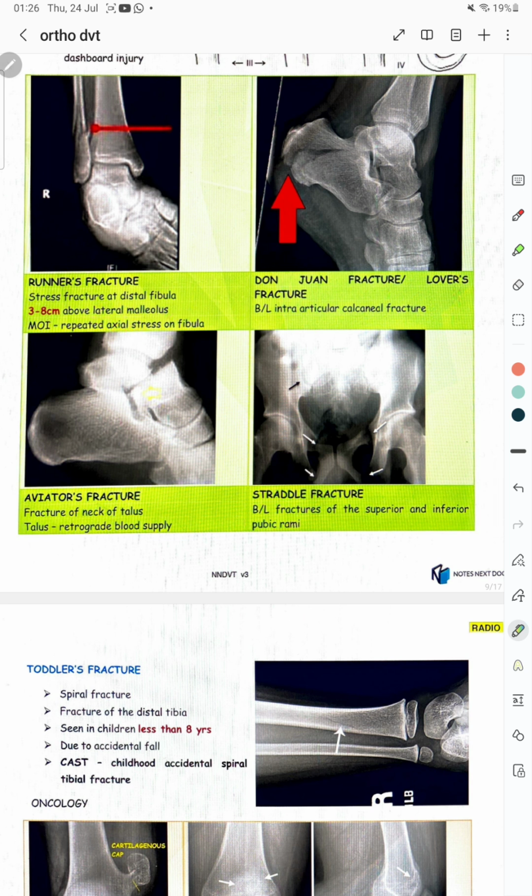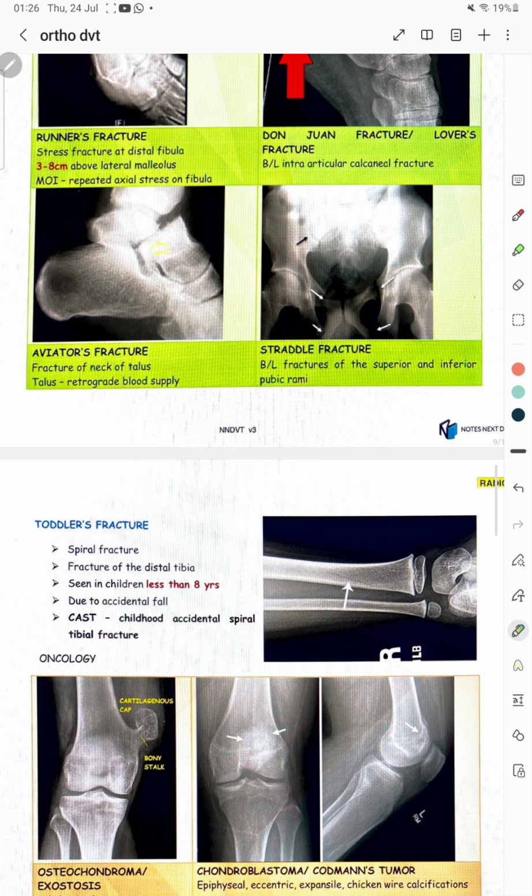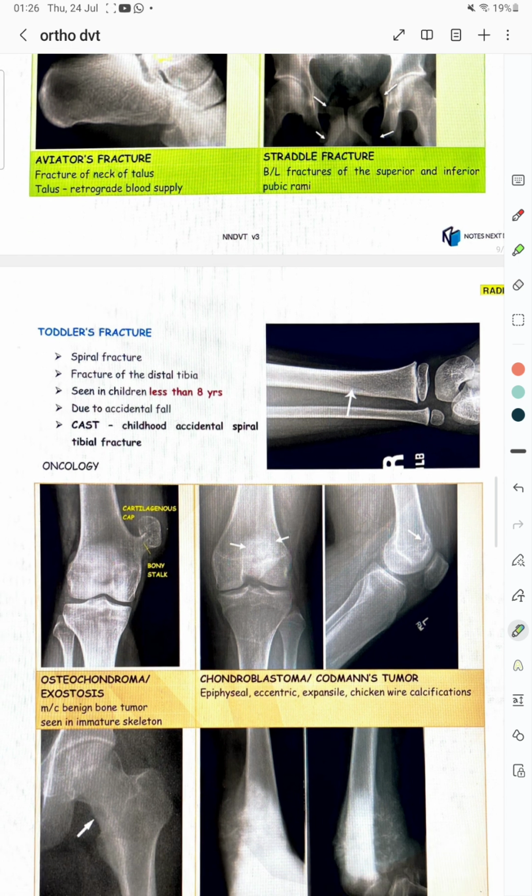Mode of injury is repeated axial stress on the fibula. Lover's fracture, bilateral intra-articular calcaneal fracture. Aviator's fracture, fracture of the neck of the talus, retrograde blood supply. Straddle fracture, bilateral fracture of superior and inferior pubic rami.